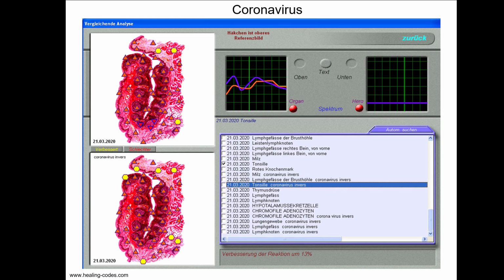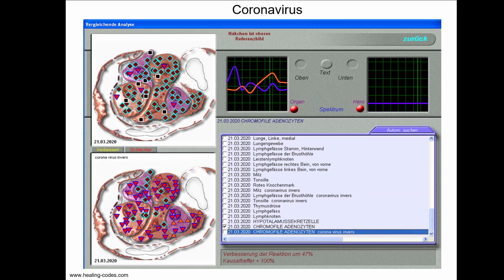The image of the tonsils shows only a discrete energetic disturbance, which improves by 13% after inversion of coronavirus. This corresponds to the patient's description of suffering from mild sore throat. The imaging of the so-called chromophilic adenocytes is also important.